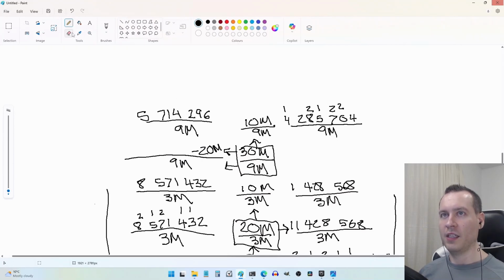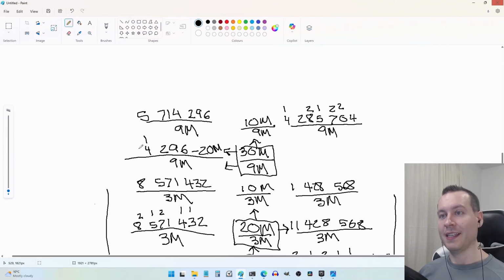Okay, so now we'll be subtracting by 20 million. 3 times 2 is 6. So we're multiplying by 3 to get this 3 million denominator to 9 million. So 3 times 2, or 2 times 3 is 6. 3 times 3 is 9. 4 times 3 is 12. 3 times 1 is 3, carry the 1 is 4.